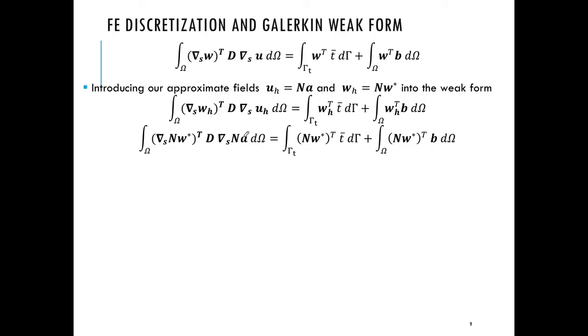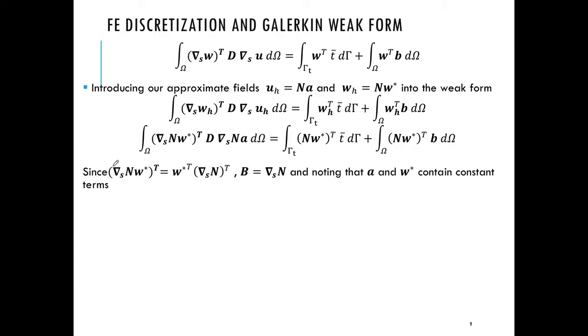Now starting to play around with just standard matrix manipulation. So I'm going to expand out the transposes. Let's see. So recall this transpose I can expand to be the transpose of the first term, w star, and then the transpose of the second term, so del S N's transpose. And now introducing my familiar B matrix, which consists of the differentials of the shape functions like so.